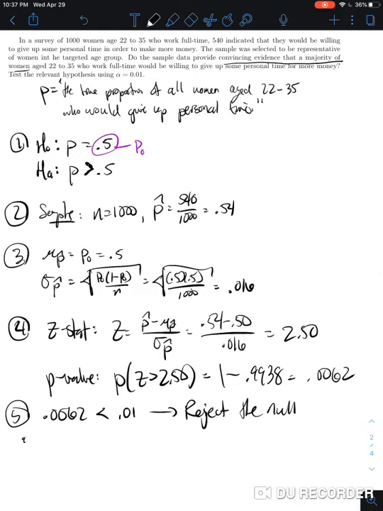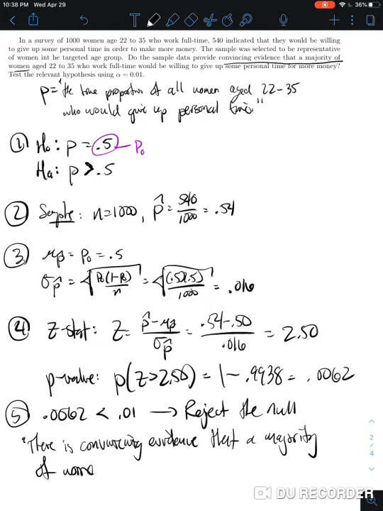All right, so we can say that there is convincing evidence for the alternative, which means that there is convincing evidence that a majority of women aged 22 to 35 would give up personal time.